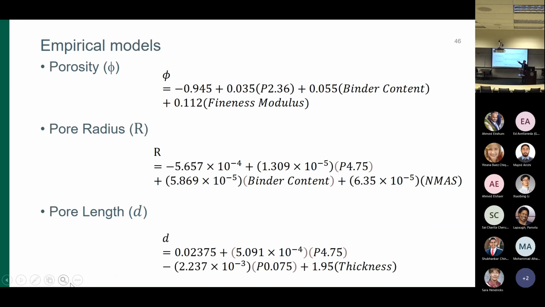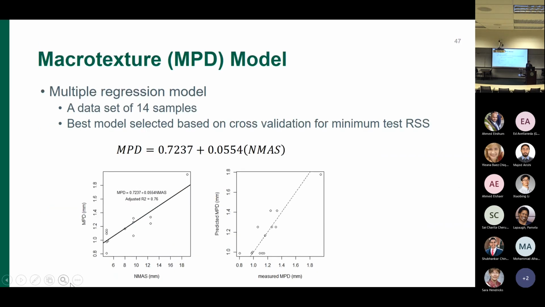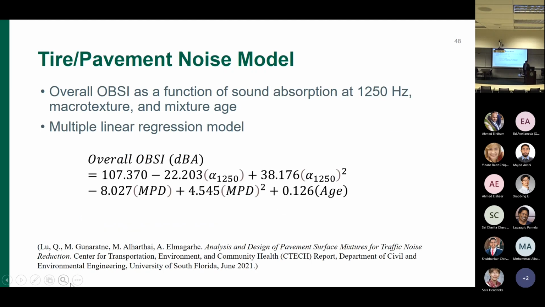These are input models for these three parameters of the theoretical model. They are mainly based on the multiple linear regression model. And that's for the sound absorption. For the macrotexture from the mean profile depth, MPD, we also came up with a simple model so that we can predict the MPD macrotexture based on the mixture design parameters like the nominal maximum aggregate size.